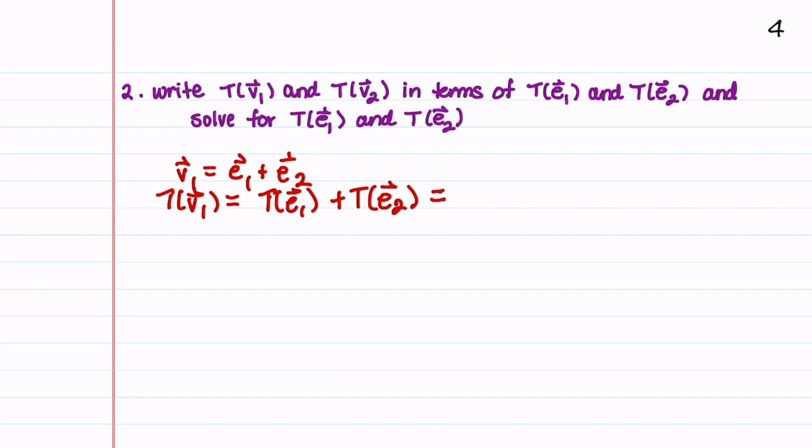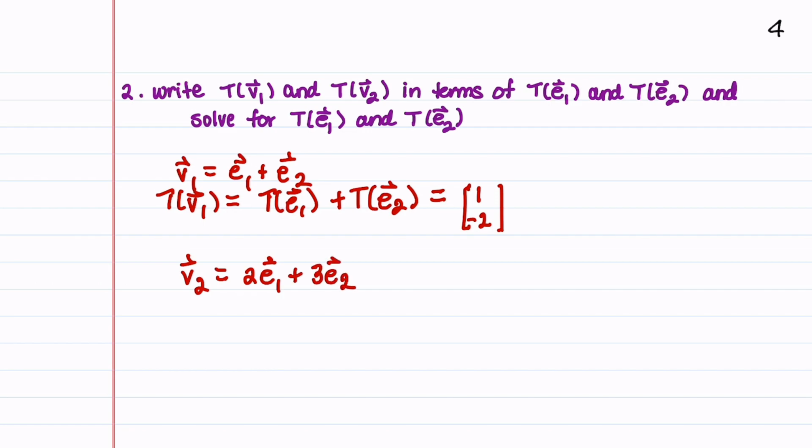And if we look back at the previous page, that is equal to the vector 1, minus 2. That was given to us in the original problem. Now we can write v2 from the previous page, and we got it equal to 2e1 plus 3e2.